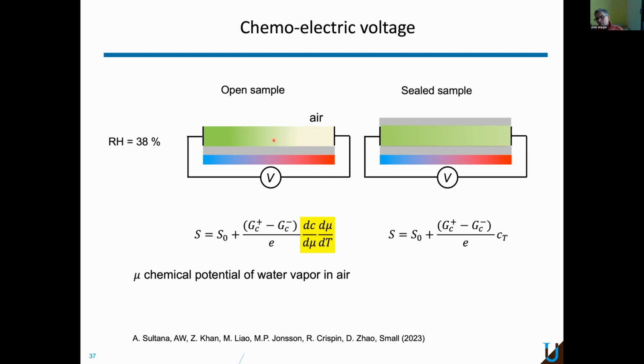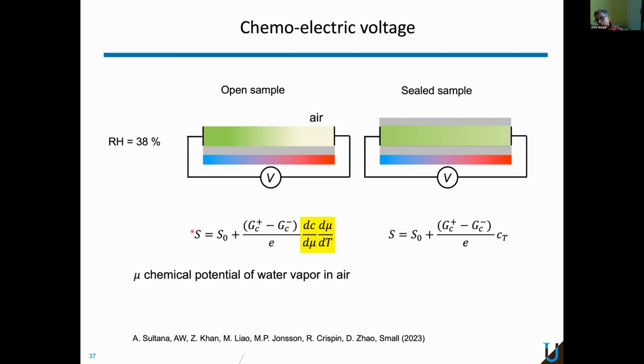And across this, that may enhance the water gradient in your sample along the temperature gradient. In a sealed sample, which is not the case, there may be a slight contribution of water, so the water will distribute within the sample, but the effect will be much smaller than here. The problem is that here you can check and work out things.